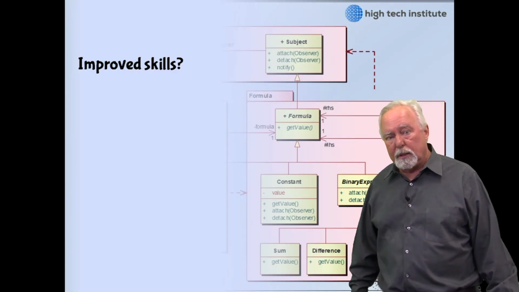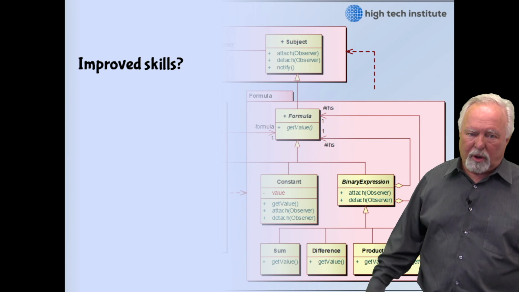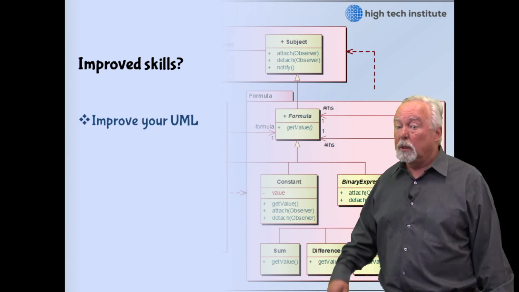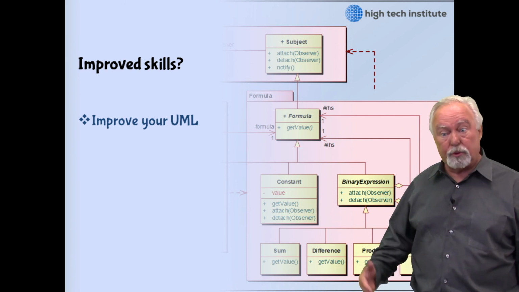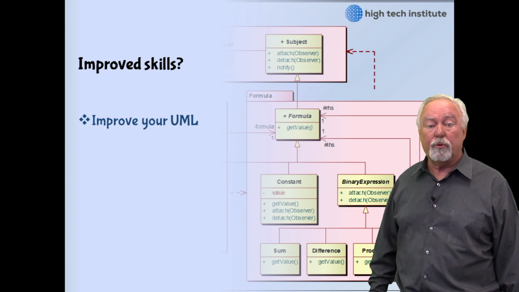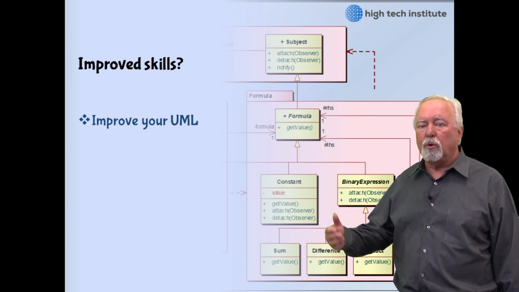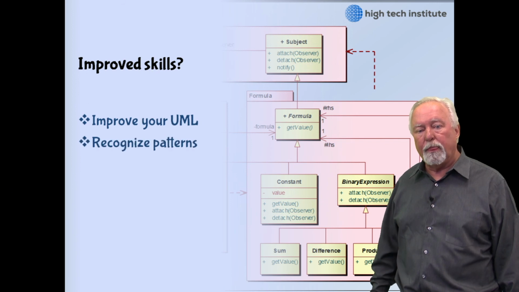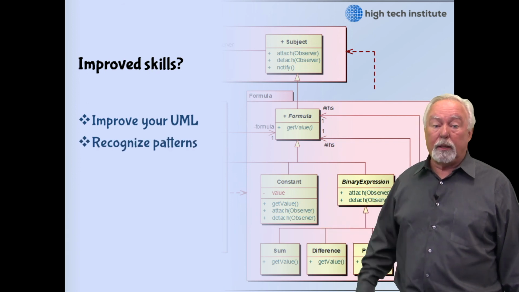Now, what are the skills that you go home with, that you have improved during the course? Of course, you will have seen quite a bit of UML and have used UML, so your UML skills have definitely improved. You maybe know more constructs in UML that you could use in your daily work. You have learned to recognize patterns.